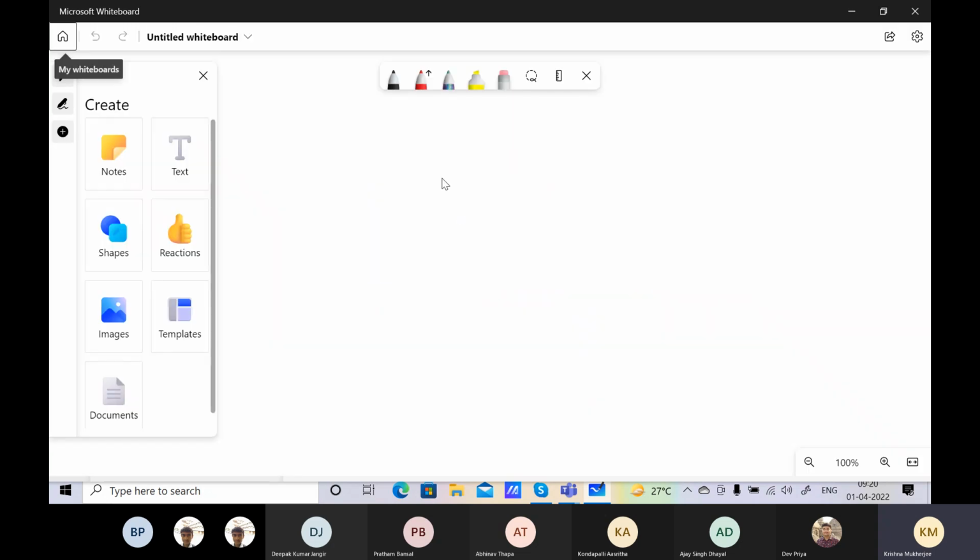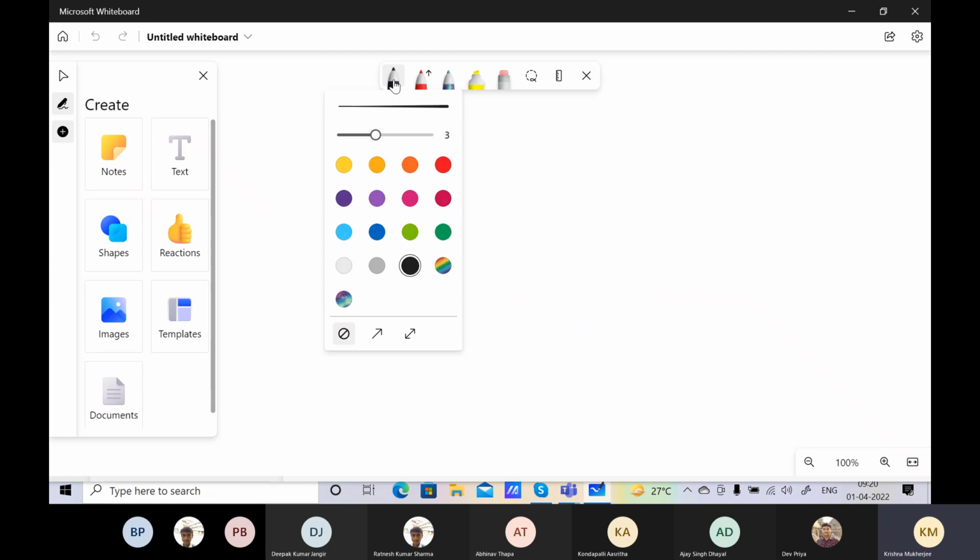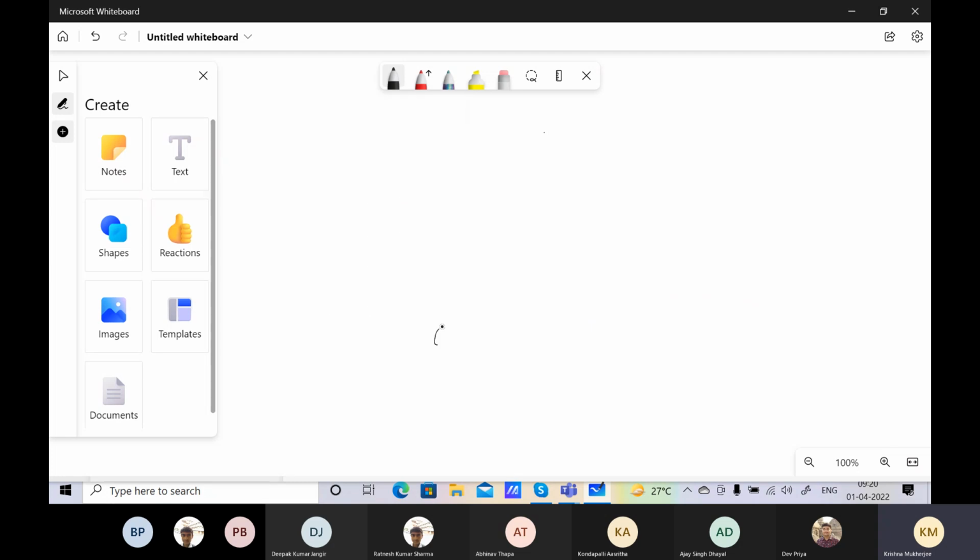Okay, it doesn't really matter. Pen size can be changed just by clicking on that. Yeah, that is the thinnest. Yeah, this is much better.